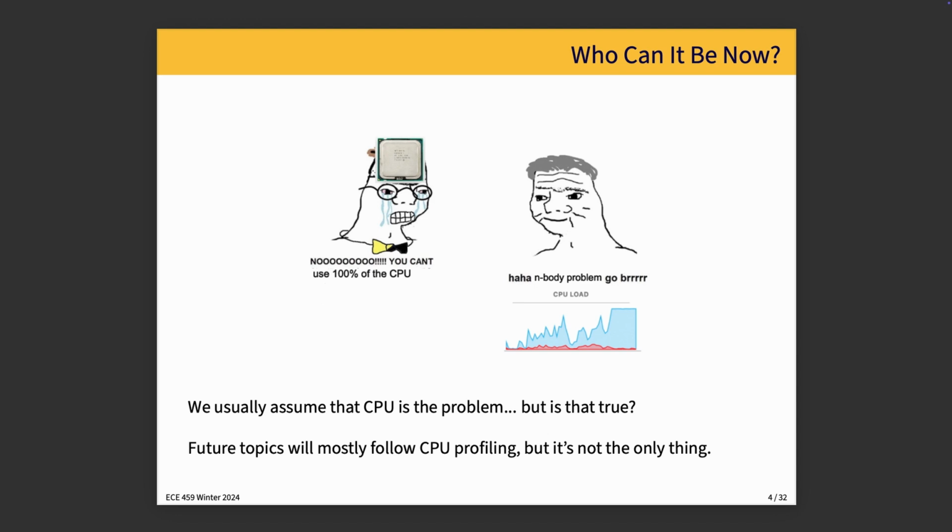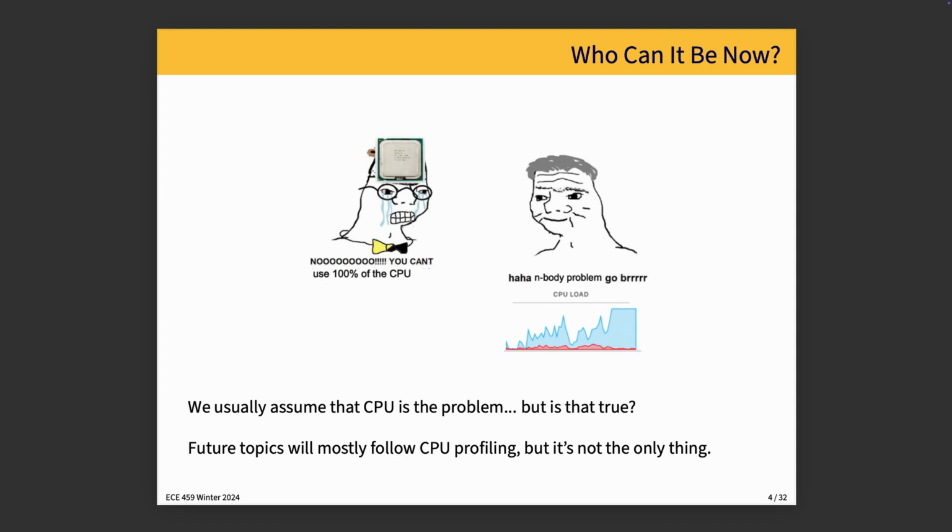So usually we are going to assume that it's the CPU that's the problem. And in fact, our next topic in profiling is going to focus on CPU as an area. That's usually the case, and this particular meme was contributed by a student from a previous year, in which of course we can easily write a program in which CPU is the limiting factor, and if I simply had more CPU, then CPU load wouldn't just jump to 100 and stay there.